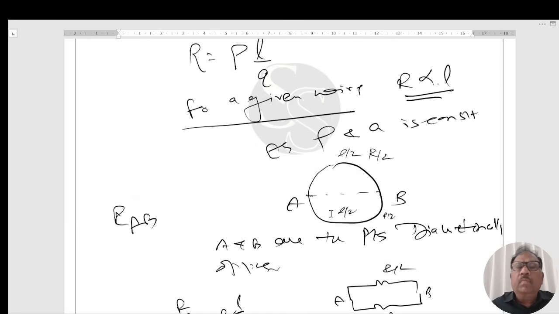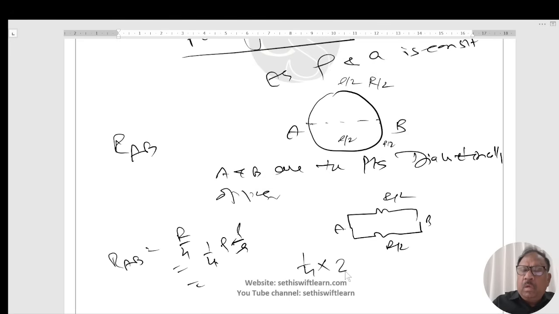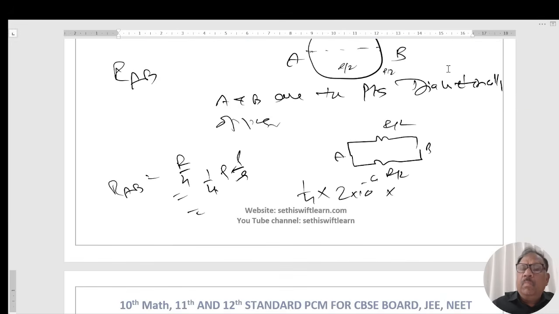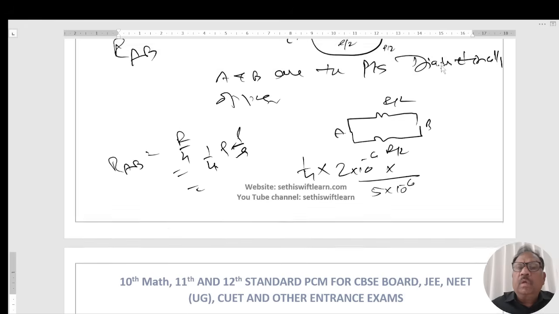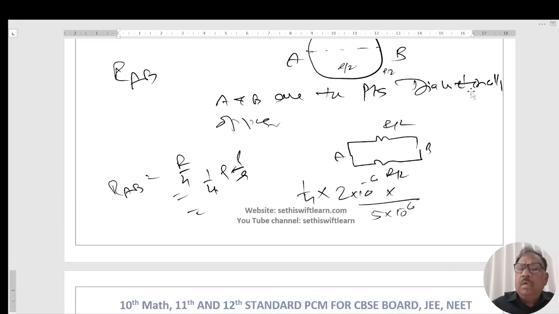Rho is given to you, 2 into 10 to the minus 6. A is given to you, 5 mm square, which becomes 5 into 10 to the minus 6 meter square. And length is 25 meter.